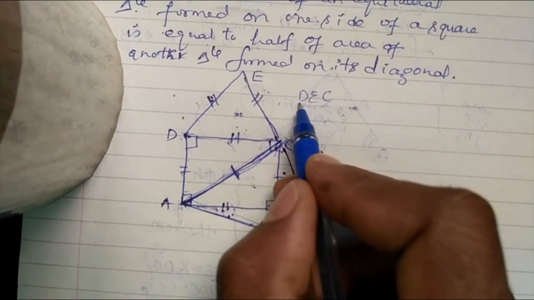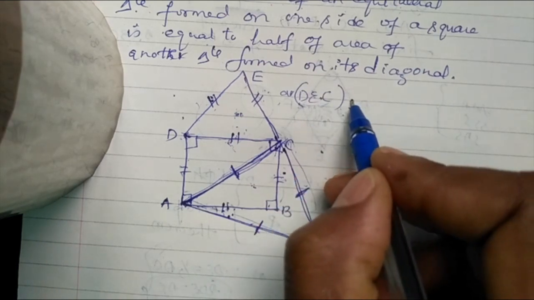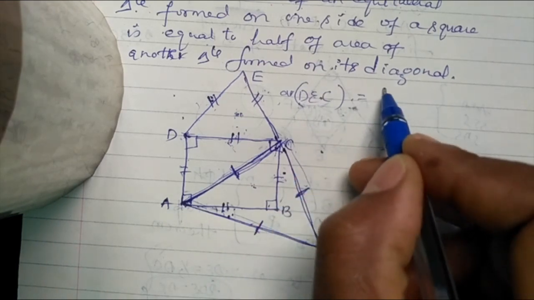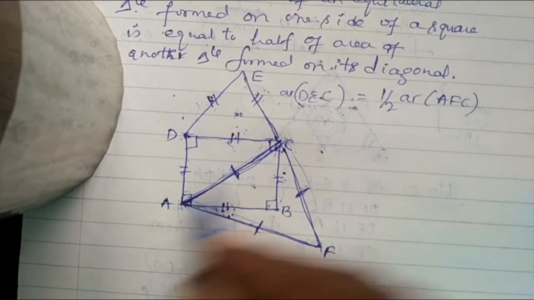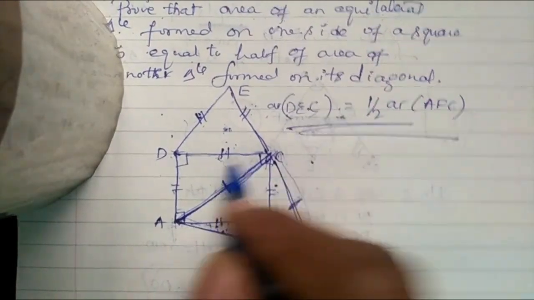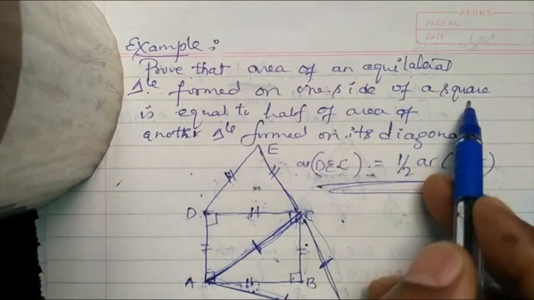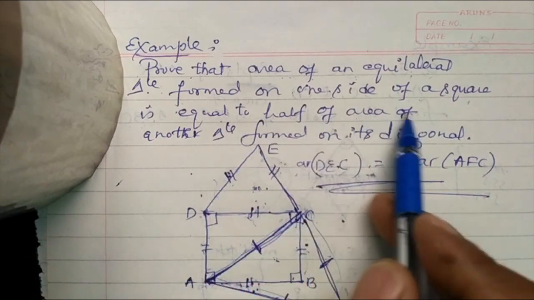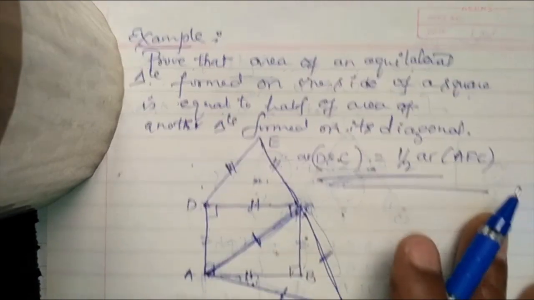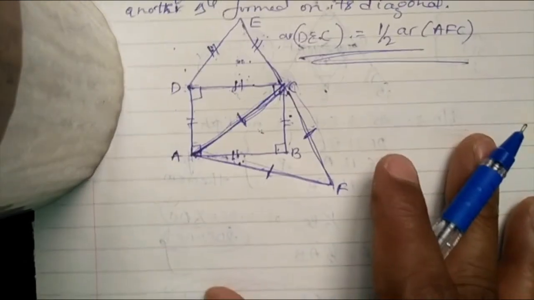The question is, the area of this DEC triangle is equal to half of the area of AFC triangle. This is to be proved. The area of one triangle formed on one side of the square is equal to half of the area of another triangle formed on the diagonal. But both are equilateral triangles. That clue is given.